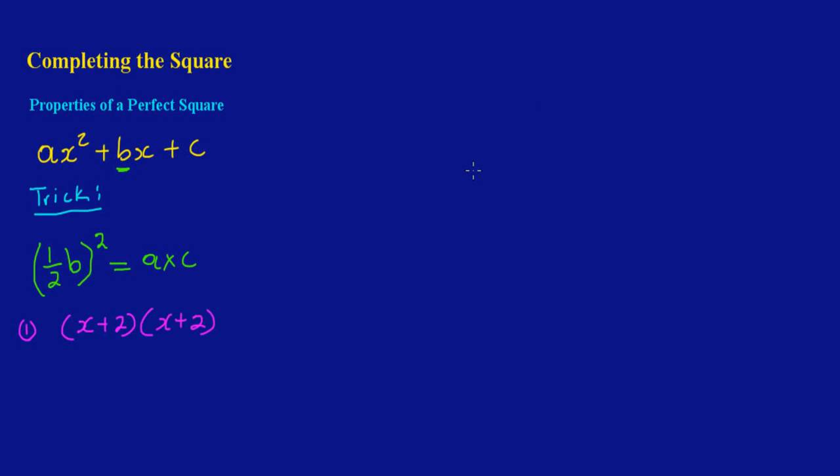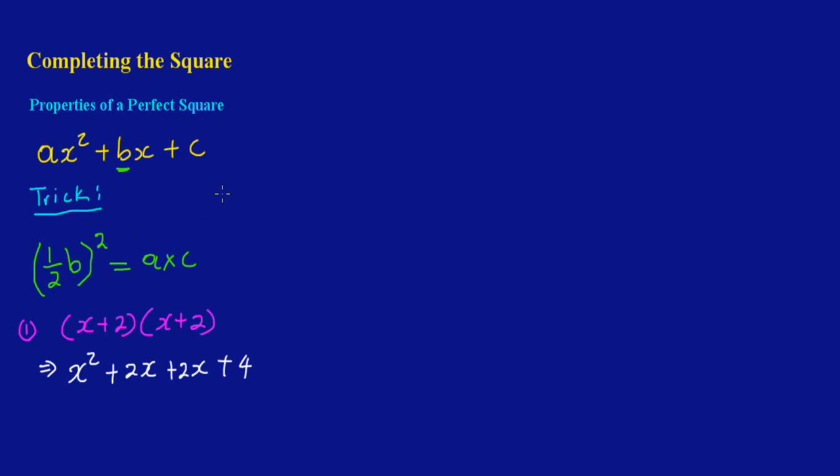By now we should know how to simplify this, and if you're still not sure, you can check back our playlist on expanding binomials. To simplify this, x times x gives us x squared, x times 2 gives us a positive 2x, and then 2 times x gives us another positive 2x, and 2 times 2 is 4.